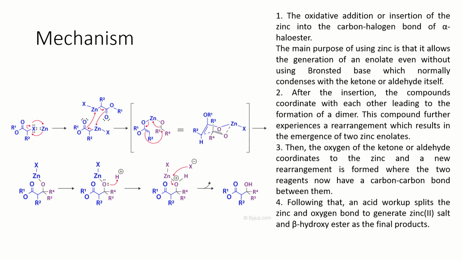The main goal of the reagent or catalyst zinc is that it can make an enolate intermediate with this alpha haloester, which is named zinc enolate, and later the zinc enolates can coordinate to each other to form a dimer of the zinc itself, and then it will make a self-rearrangement which results in the expulsion of two zinc enolates, as you can see here.